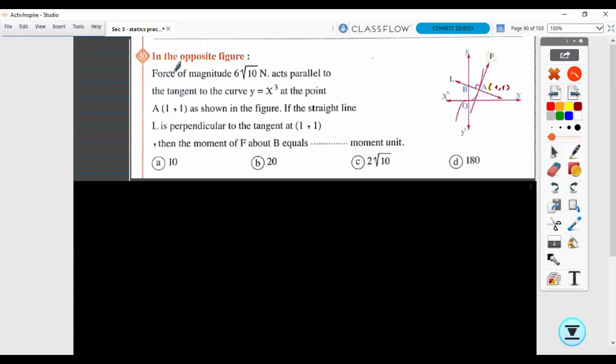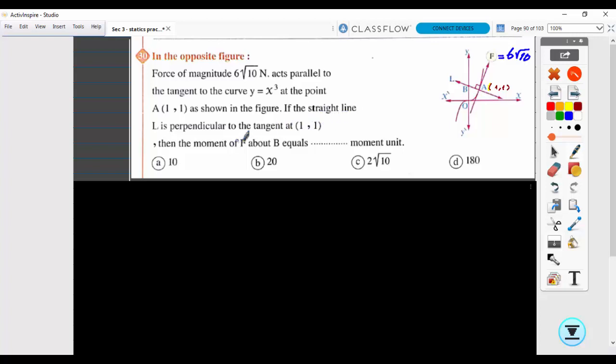Question 30. In the opposite figure, force of magnitude 6 root 10 acts parallel to the tangent to the curve y equals x power 3. Here is the curve. At the point 1 and 1, the point A here, as shown in the figure.